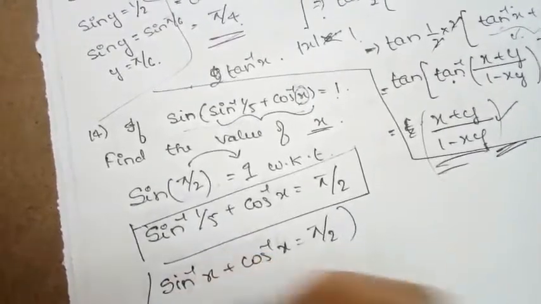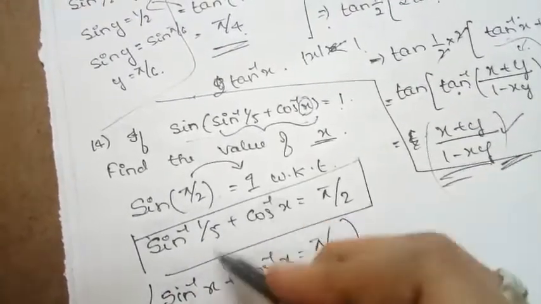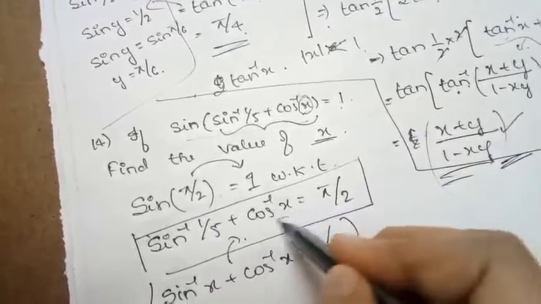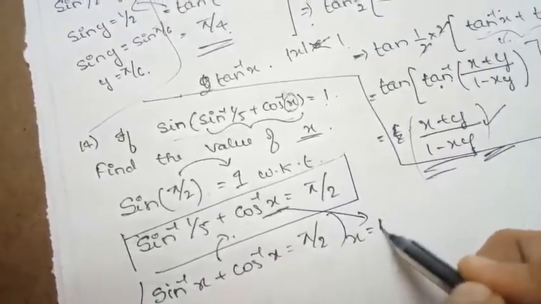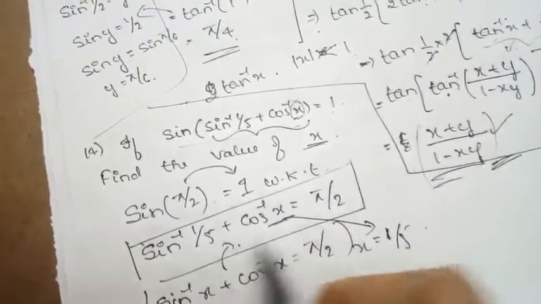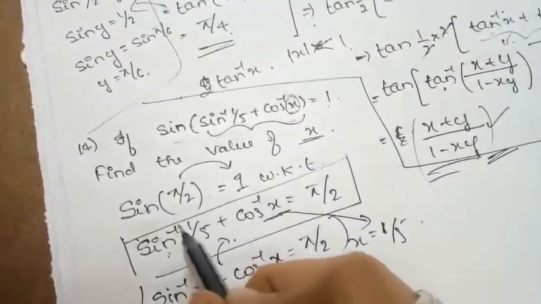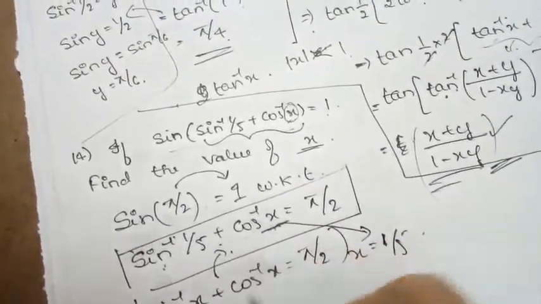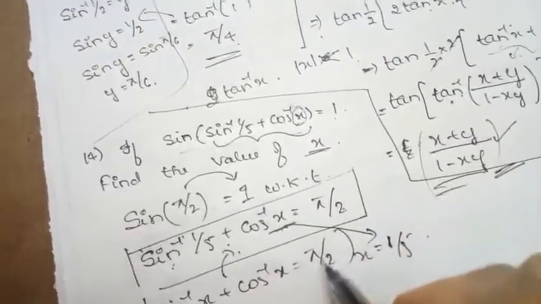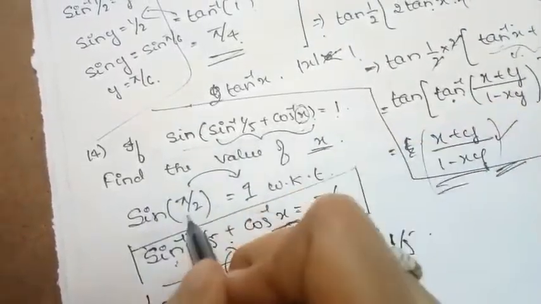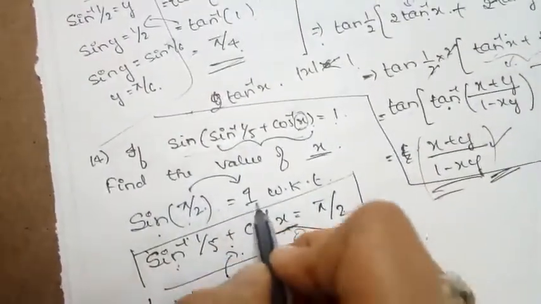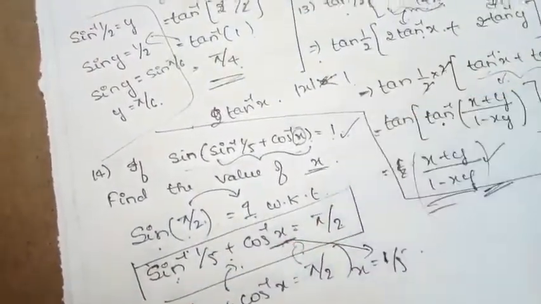So by using this identity, I can say that whatever x is present here, that x is 1 by 5. So when it is 1 by 5, we have sine inverse of 1 by 5 plus cos inverse of 1 by 5 which is equal to pi by 2 by using this identity. So at that time I can replace this one by pi by 2. So sine pi by 2 is 1. So this equation is satisfied.